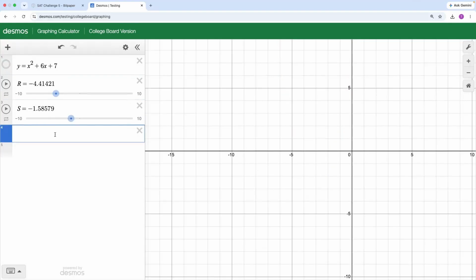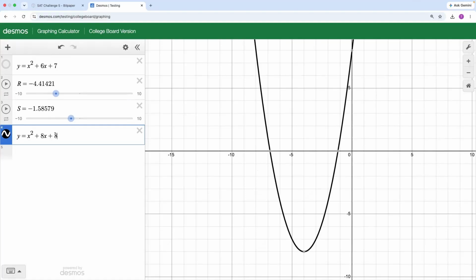Now let's graph the second equation, y equals x squared plus 8x plus 8. Again, I'll click on the two x-intercepts. The left intercept is approximately negative 6.82. I'll store that as t.